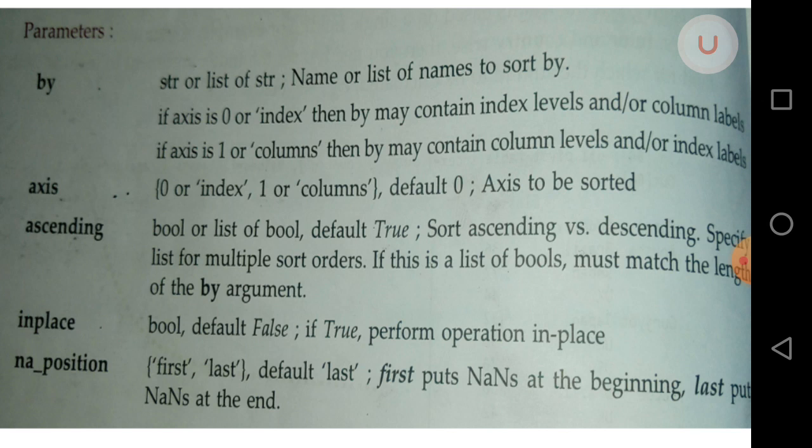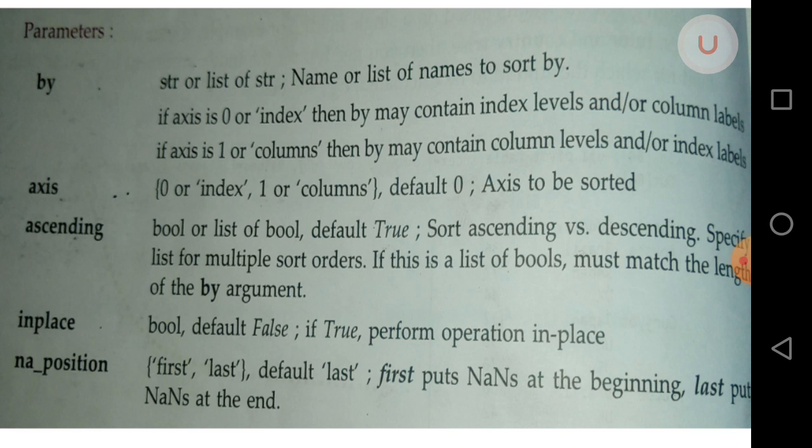Then ascending, bool or list of bool, default is True. It means by default the data is in ascending order when we sort a column or a row, and by default its value is True. If we make it False, then data will be sorted in descending order.